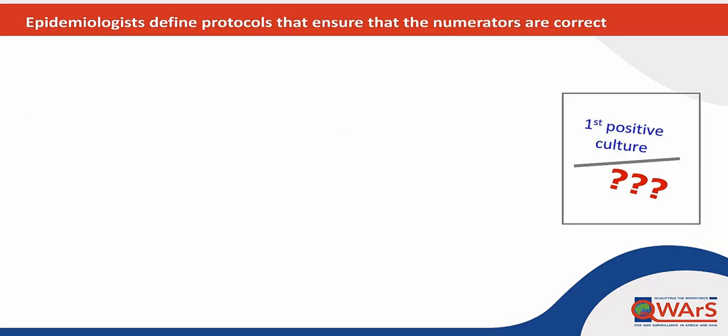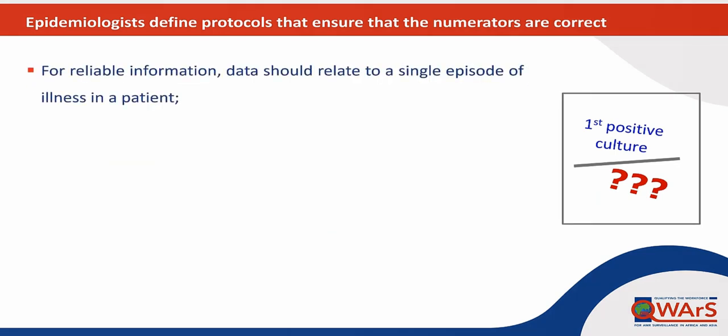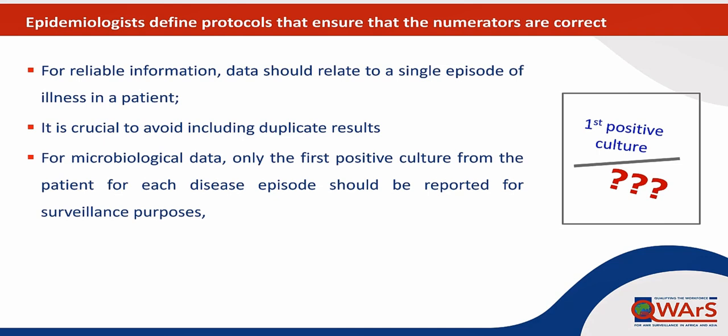Epidemiologists define protocols that ensure that the numerators are correct. For reliable information, data should relate to a single episode of illness in a patient. It is crucial to avoid including duplicate results, since a patient may have either consecutive cultures obtained from the same body site or cultures from different body sites yielding the same organism, for example, urine and blood culture.